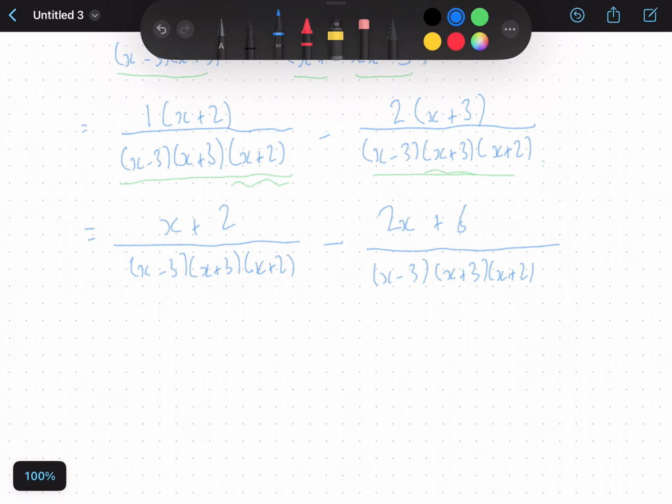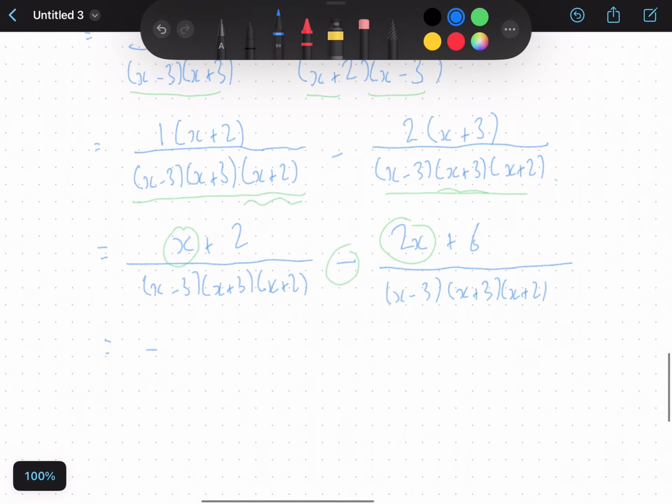and then same denominator here, so you can just subtract the fractions, just be careful with this. So it's x minus 2x, so that is minus x or minus 1x, and then it is 2 minus plus 6. 2 minus 6 is minus 4, all over the common denominator of x minus 3, x plus 3, x plus 2.